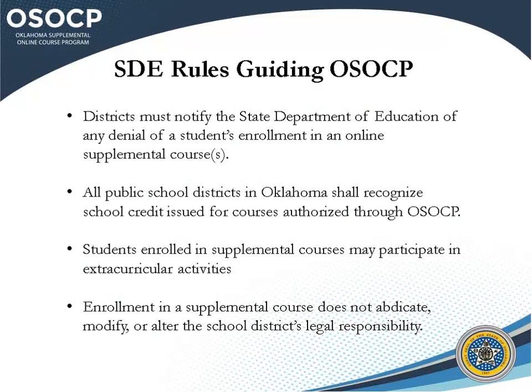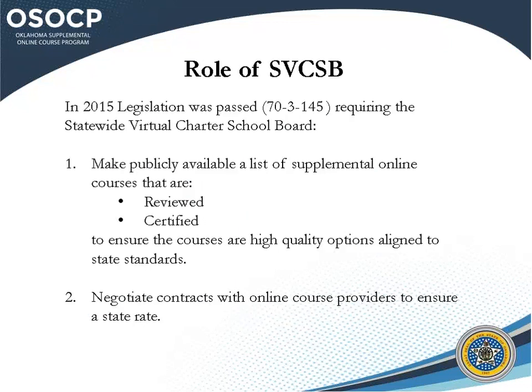Students enrolled in supplemental courses can participate in extracurricular activities. They are still full-time students in the districts, and enrollment in a supplemental course does not abdicate in any way the school district's legal responsibility, for instance, for things like a student's 504 or IEP. Those are still the responsibility of the district.